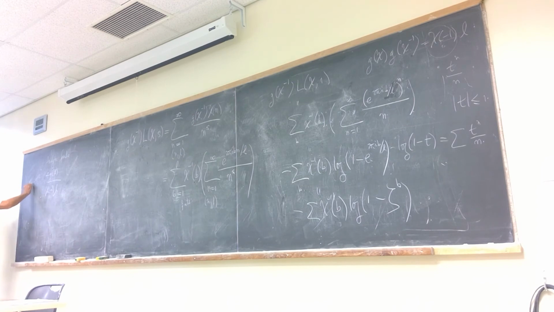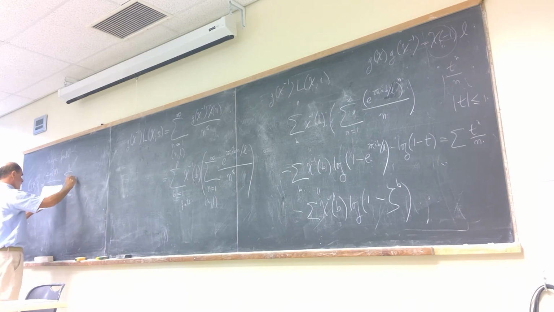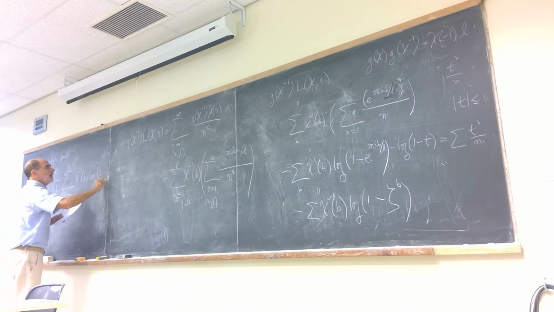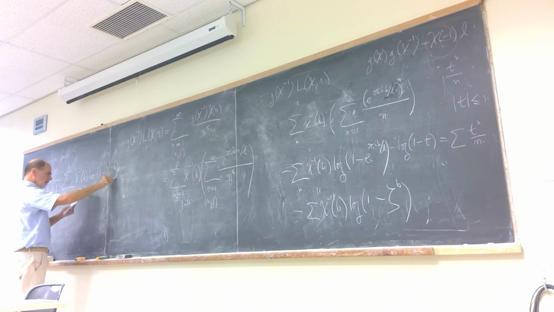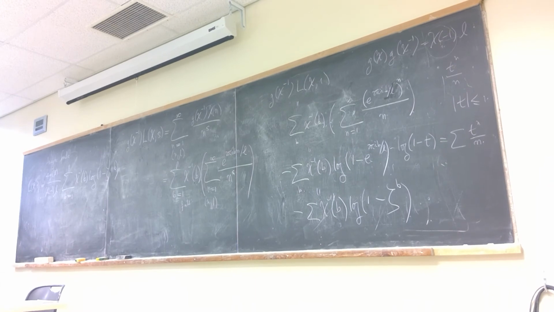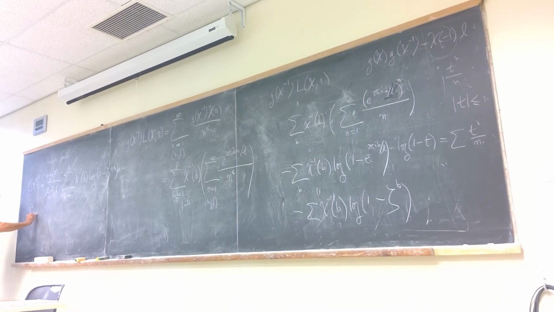L of chi, 1 is equal to this, times the finite sum, b equals 1 to L of chi inverse of b, the log of 1 minus zeta to the minus b. So zeta to the b. There we go. Okay.